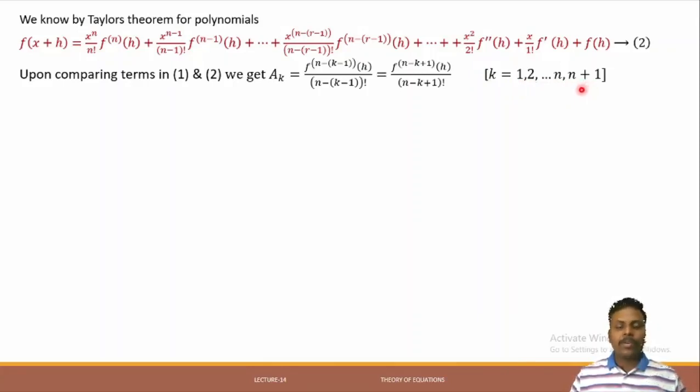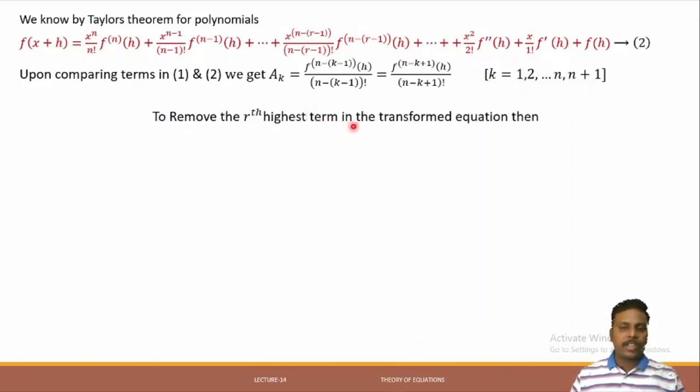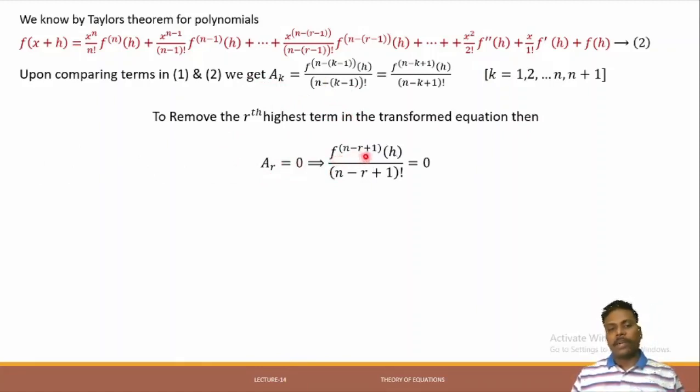So to remove the rth highest term in the transformed equation, this ar must be equal to 0. That means the n minus r plus 1th derivative of f evaluated at h divided by n minus r plus 1 factorial must be equal to 0. That means h will satisfy this particular equation. In order to find h, you have to solve this equation. Let me highlight this.